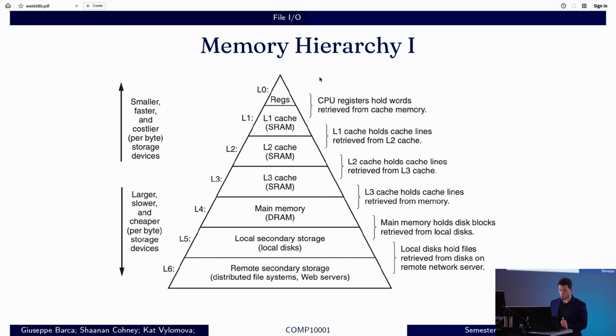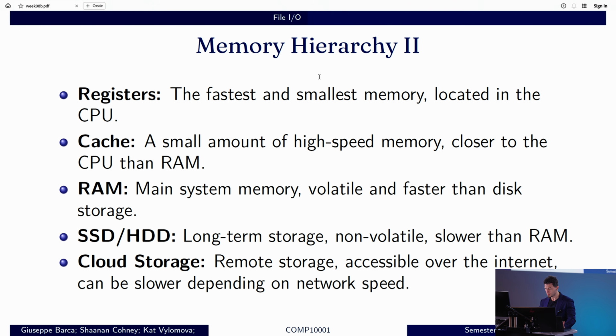Okay, why am I saying all these things? Well, there is a classification that we have. Oh, I forgot a piece of information. Today, we have also another layer, right? You do not necessarily store your data on your physical machine.